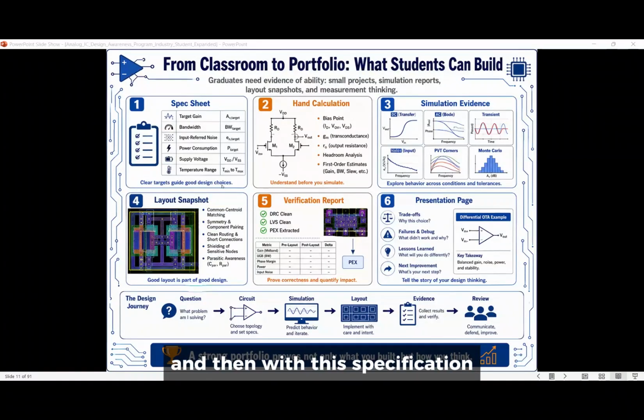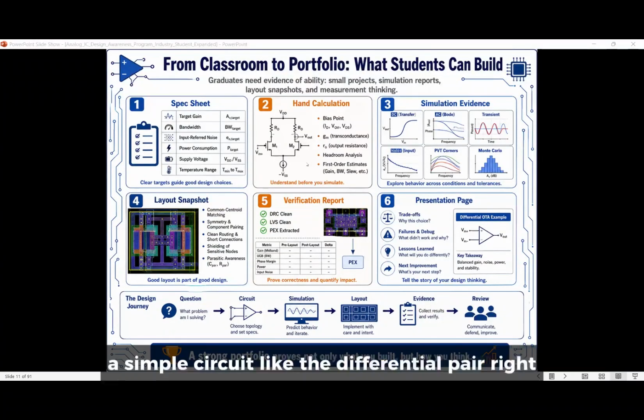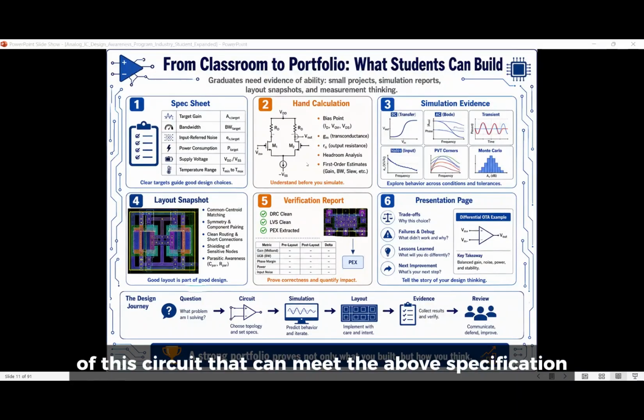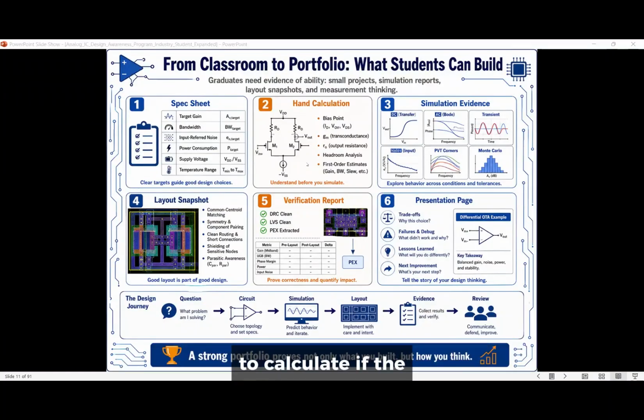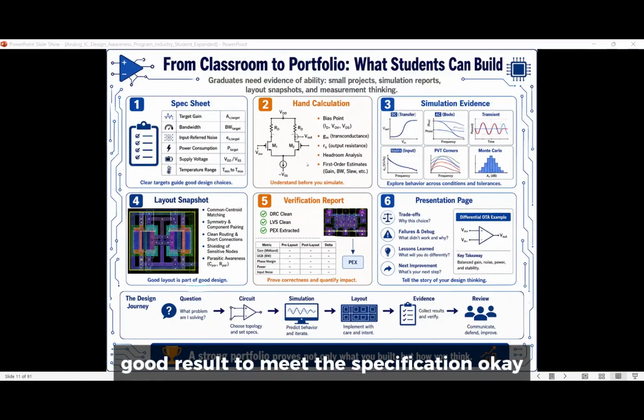And then with this specification, we start to think about a common or simple circuit like the differential pair, right? We first study what topology of this circuit can meet the above specification. Then we do some simple hand calculation to see if this circuit can provide sufficiently good results to meet the specification.